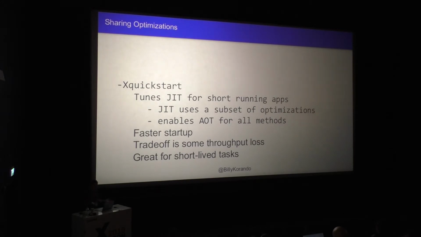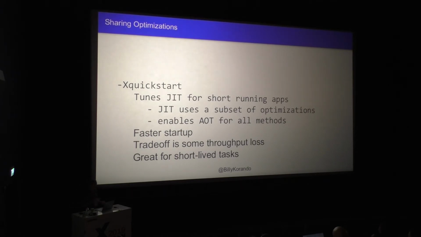So it tunes the JIT for short-running apps. It basically makes the JIT use a subset of its optimizations, so it basically disables optimizations for long-running apps, essentially, concentrating on the core stuff to get just what you need doing, but not doing the extra stuff which would be more beneficial for long-running apps. And also enables the AOT for all methods.